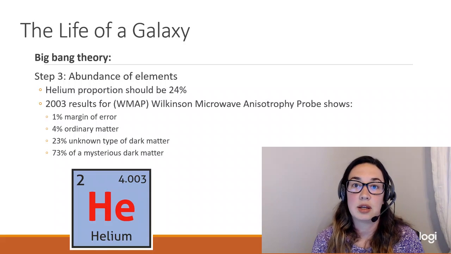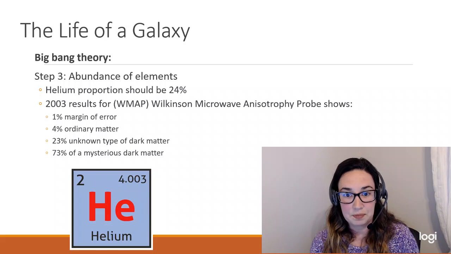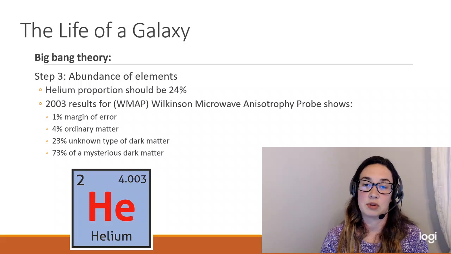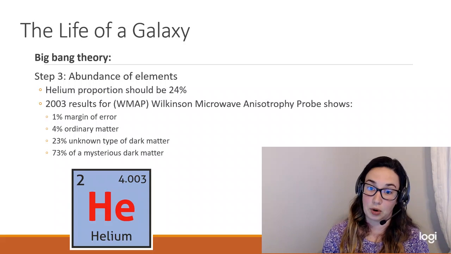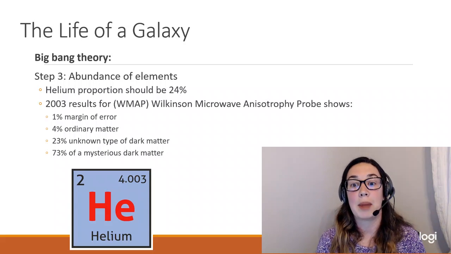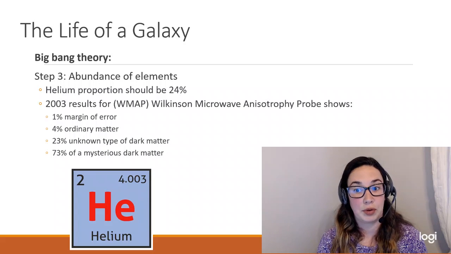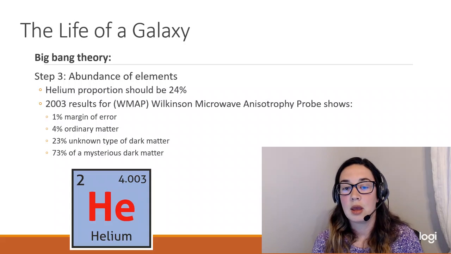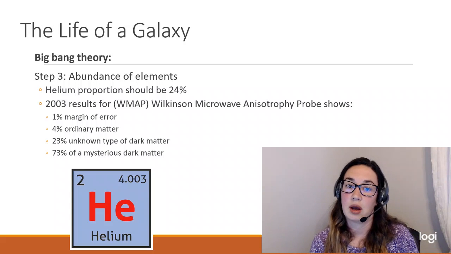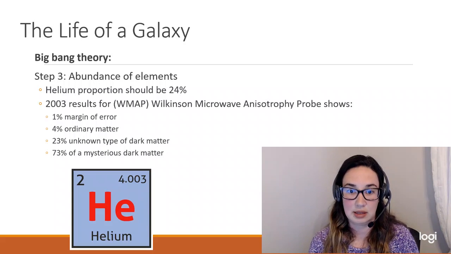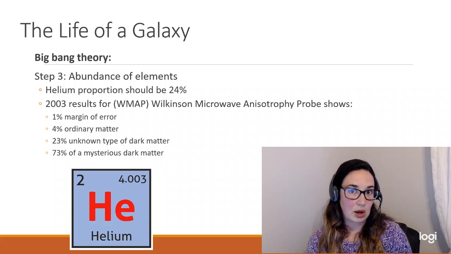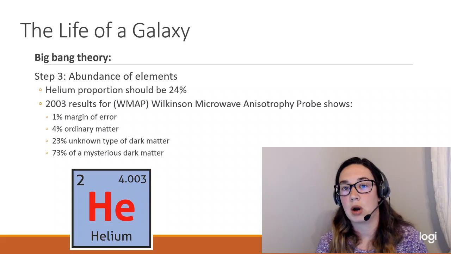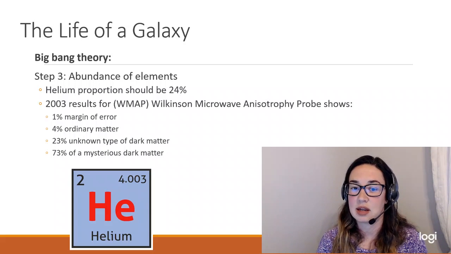So in 2003, there were results from a probe, the Wilkinson Microwave Anisotropy Probe, also known as WMAP. This showed a few different measurements. There was a 1% margin of error when they did this study.